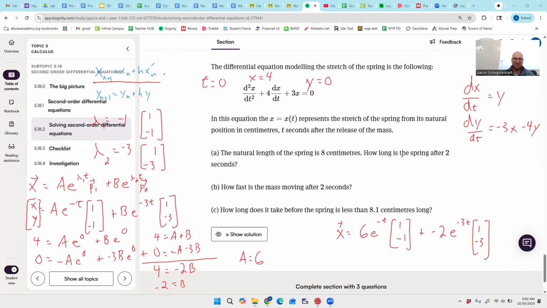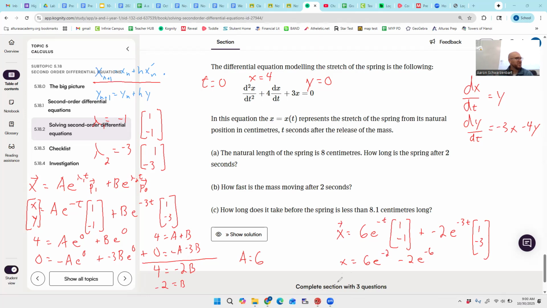It says how long is the spring after 2 seconds? So we'll plug in 2 for t. I really just need the first row, correct? Because that's my position row. My second row would give me my velocity. That's negative 6.